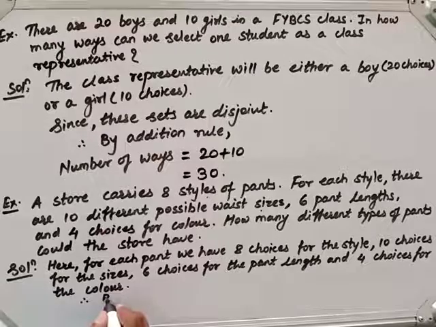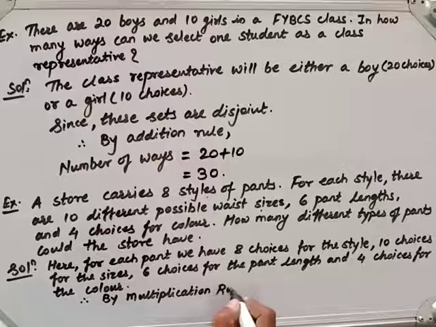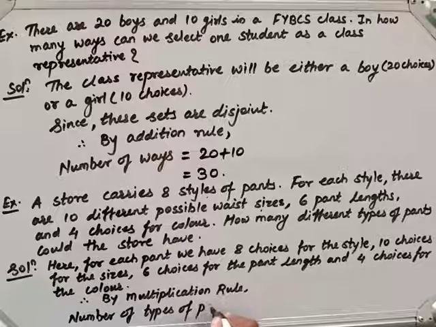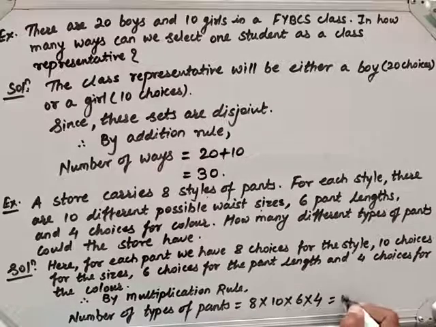Therefore, by multiplication rule, number of types of pants are how many? 8 multiplied by 10 multiplied by 6 multiplied by 4, that are total 1920.